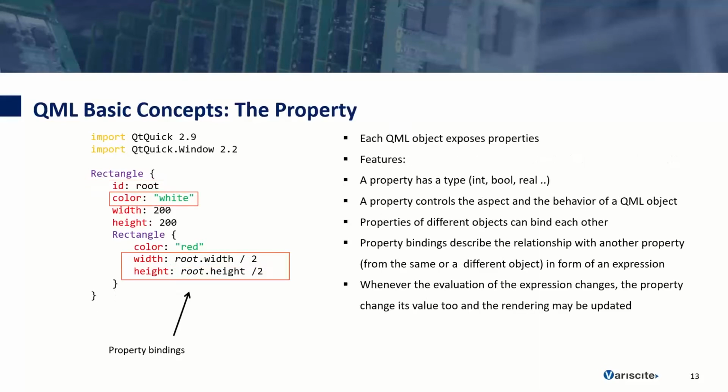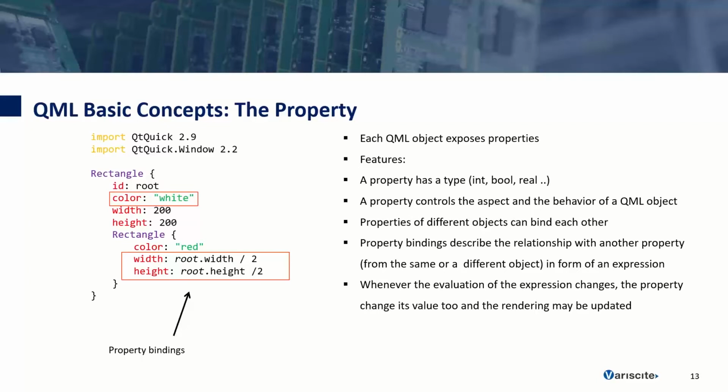Not only because of this, the properties of each object may be referenced with specific types. I mean, they can be integer, boolean, real, string. The properties control the behavior of the object, and they can be used to reference the objects between each other.